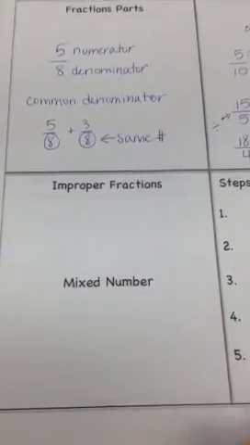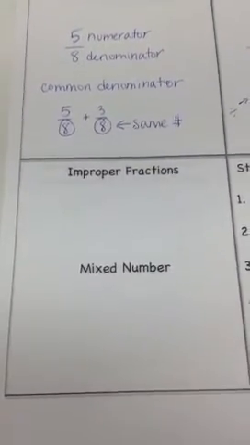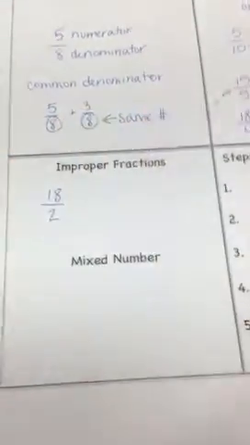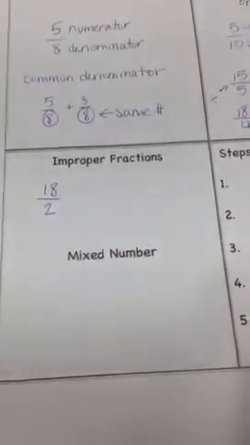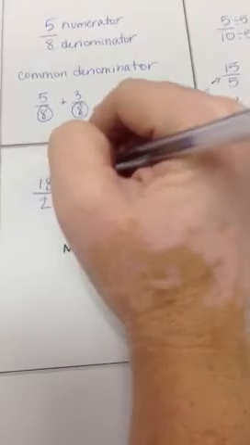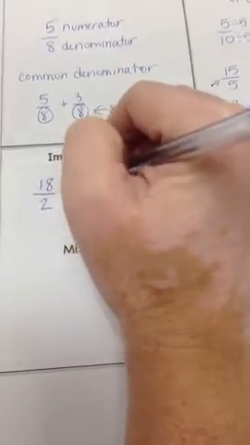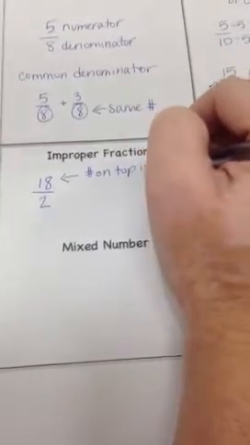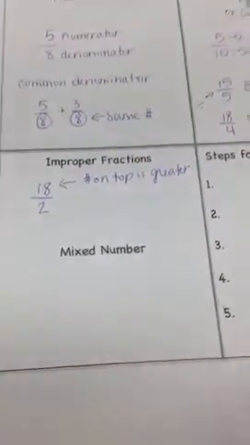Okay, the next vocabulary is improper fractions and mixed number. Improper fractions are numbers that have a greater number on top. So 18 over 2 is improper because this number on top, the numerator, is greater.